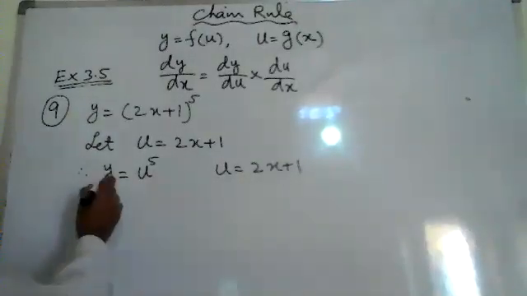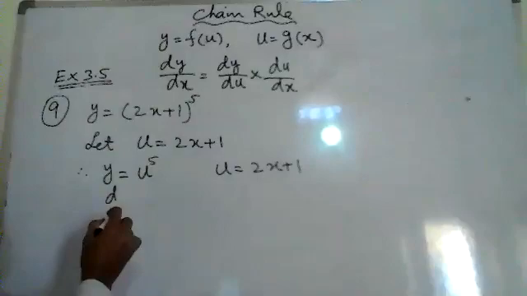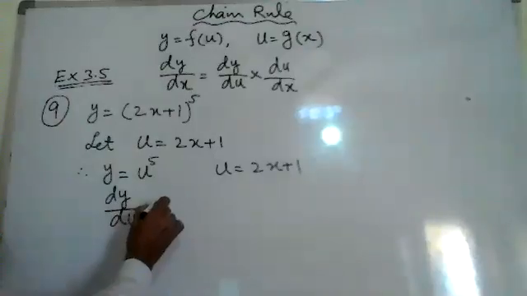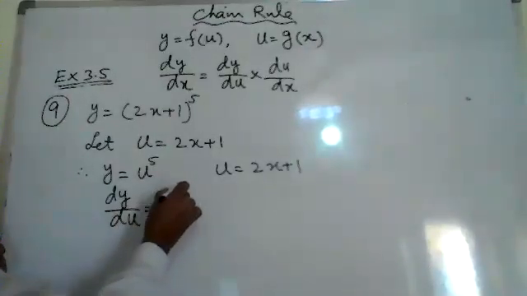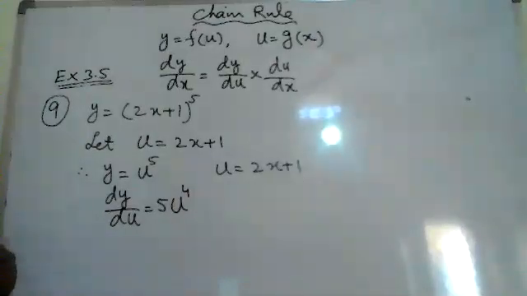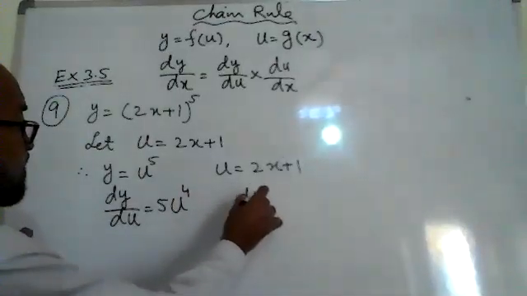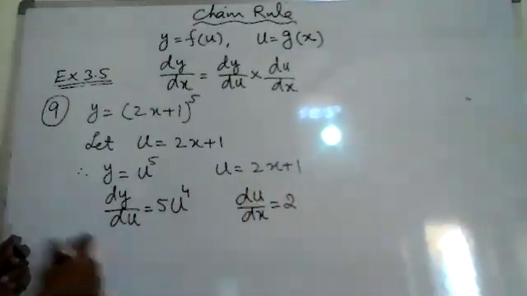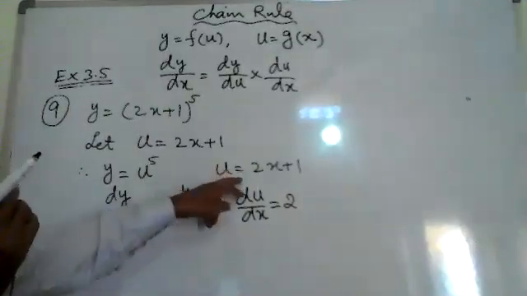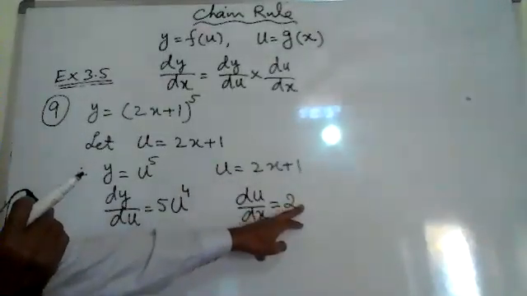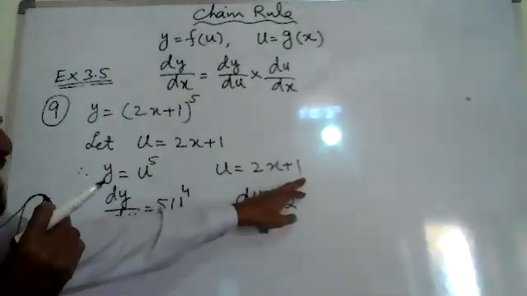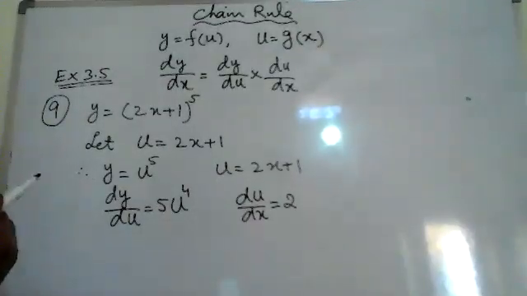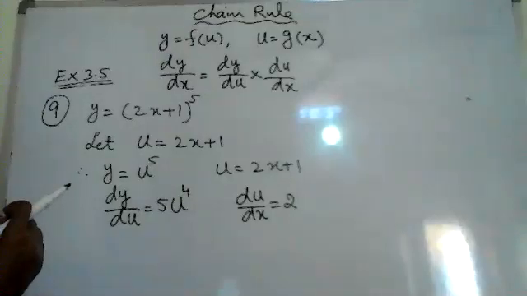Now we'll find dy upon du, which is equal to 5u raised to power 4, and du upon dx is equal to 2. 2 into the derivative of x, which is 1, is 2, and the derivative of 1 will be 0. So 2 plus 0 will be 2.